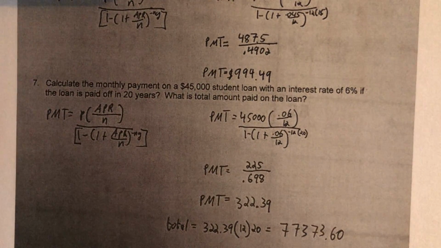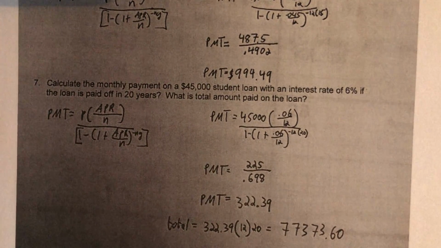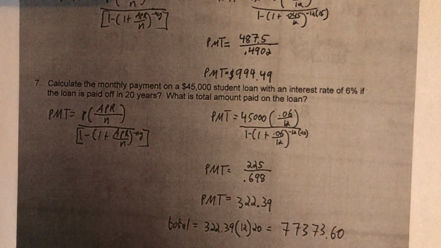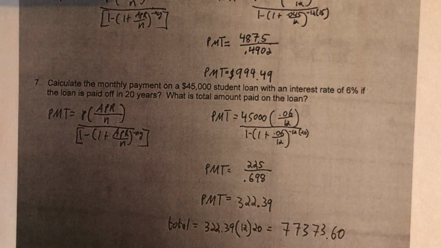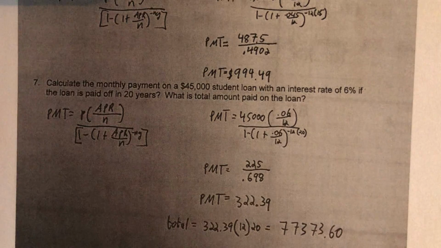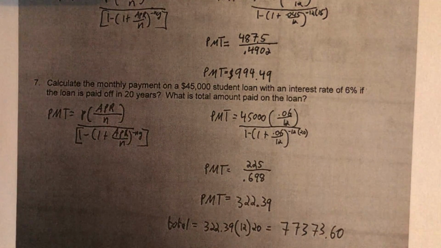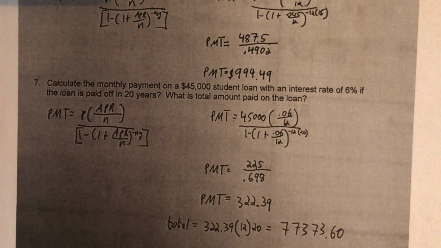All right, number 7. If I have a $45,000 student loan, 6% interest, and I'm going to pay it off in 20 years, what are my monthly payments? So back to our payment formula. 45,000 times 0.06 divided by 12.